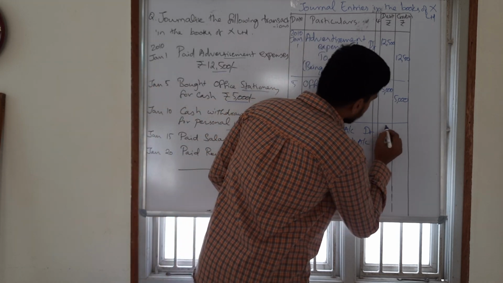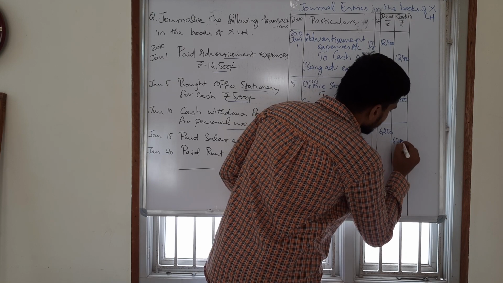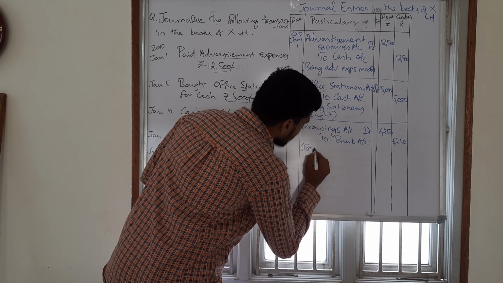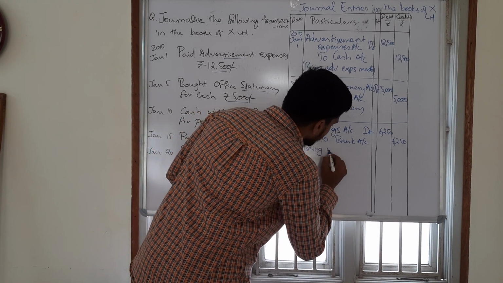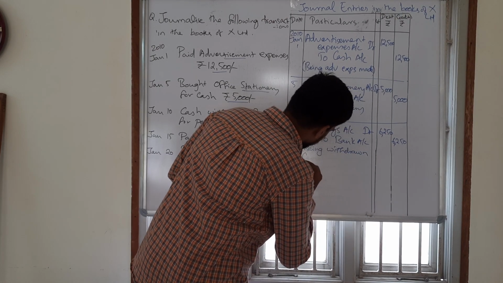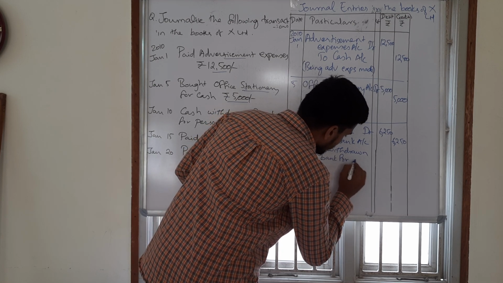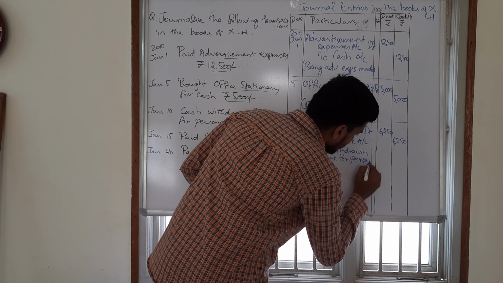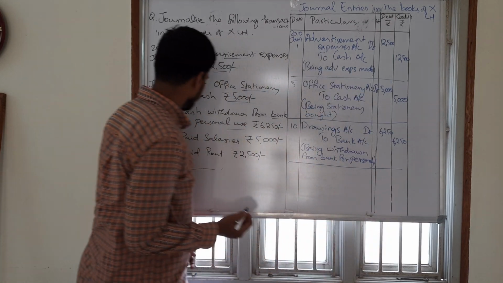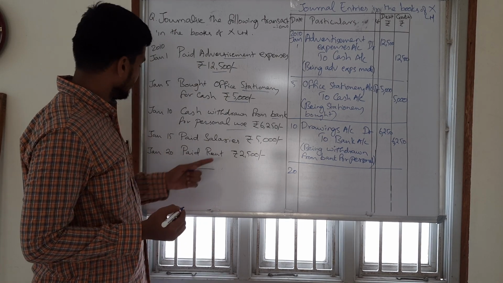How much? 6,250. 6,250, being withdrawn from bank for personal use. Okay, for personal use. So this should be done. And the next thing is, next date January 15.